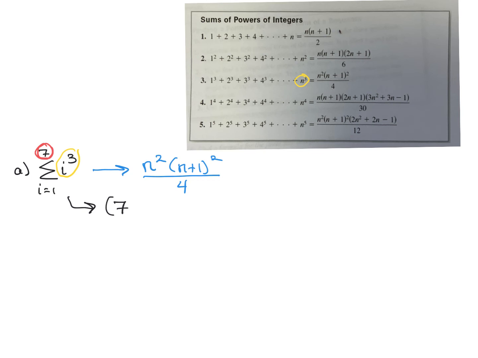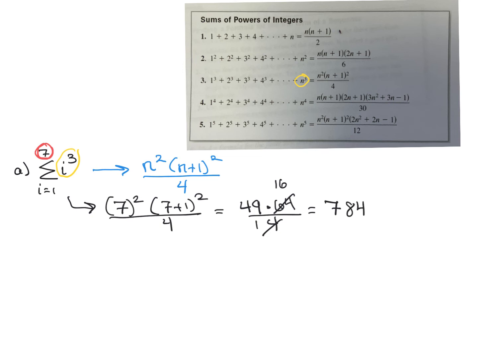So 7 squared times 7 plus 1 squared over 4. 49 times 64 over 4. 64 and 4 reduced to 16 over 1. And then the sum comes out to be 784.